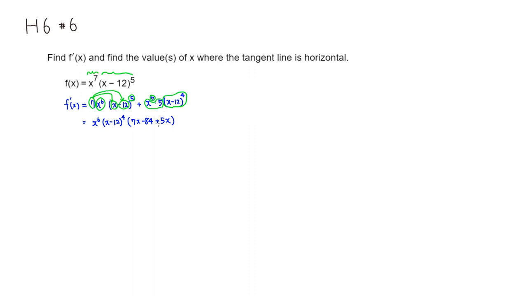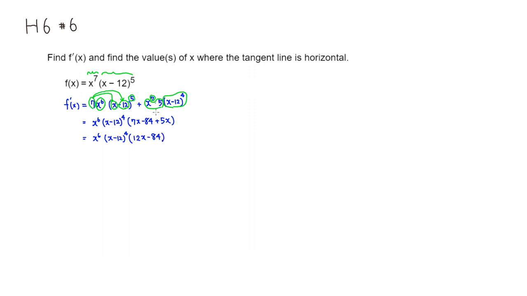So I'm going to clean this up a little bit further too. We have x to the 6th power, x minus 12 to the 4th power. Those are looking good. Here, 7x plus 5x combined is 12x, and then you have a minus 84.